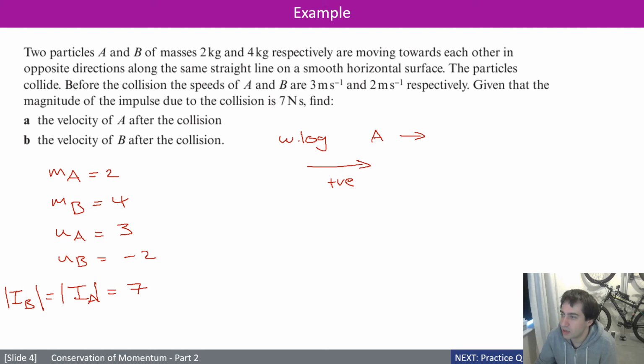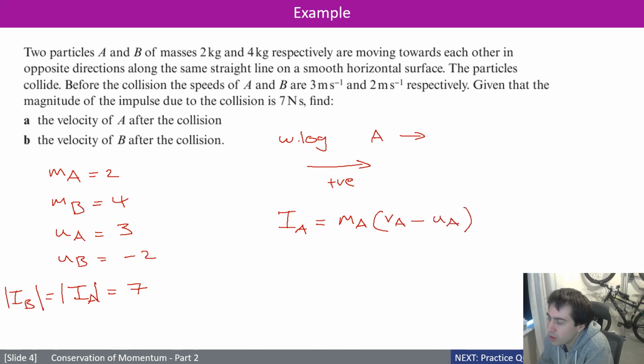So then let's write that formally. The impulse of A is equal to the mass of A times V of A, which is what we're trying to find, minus U of A. Now, unfortunately, that left-hand side there is I of A rather than mod, right? Not magnitude.